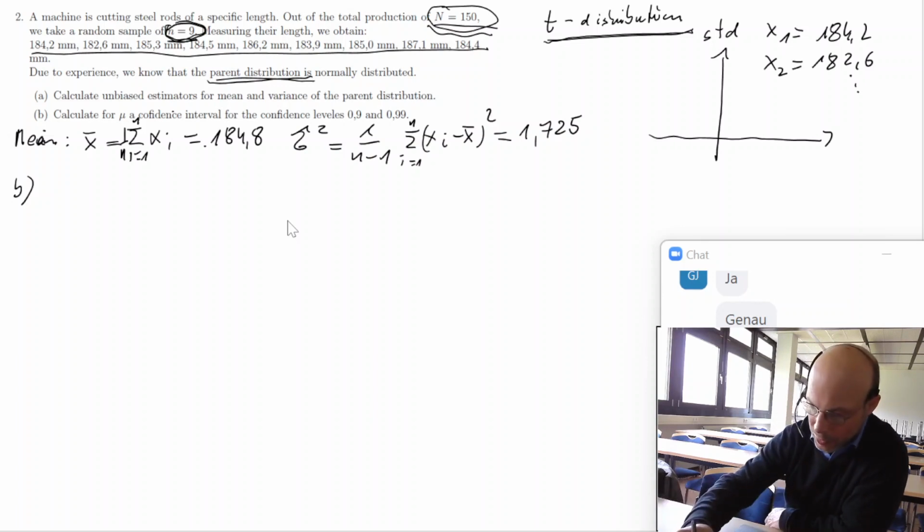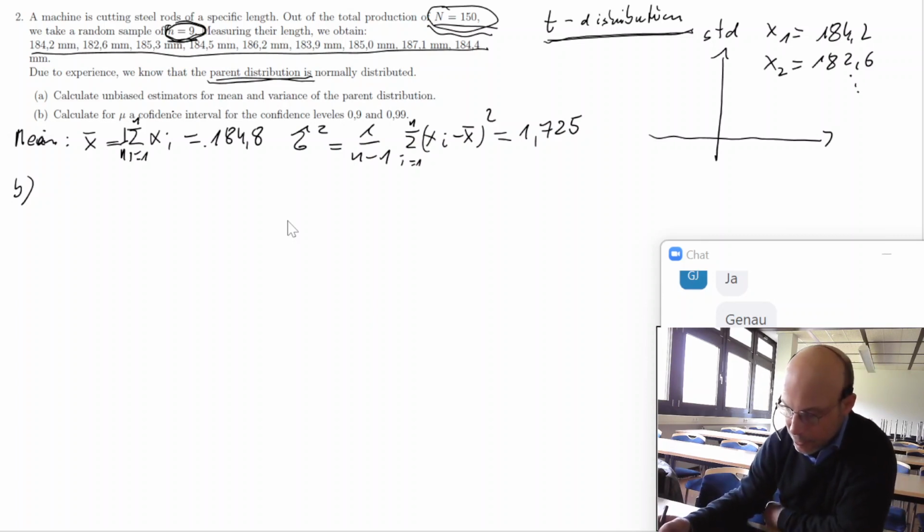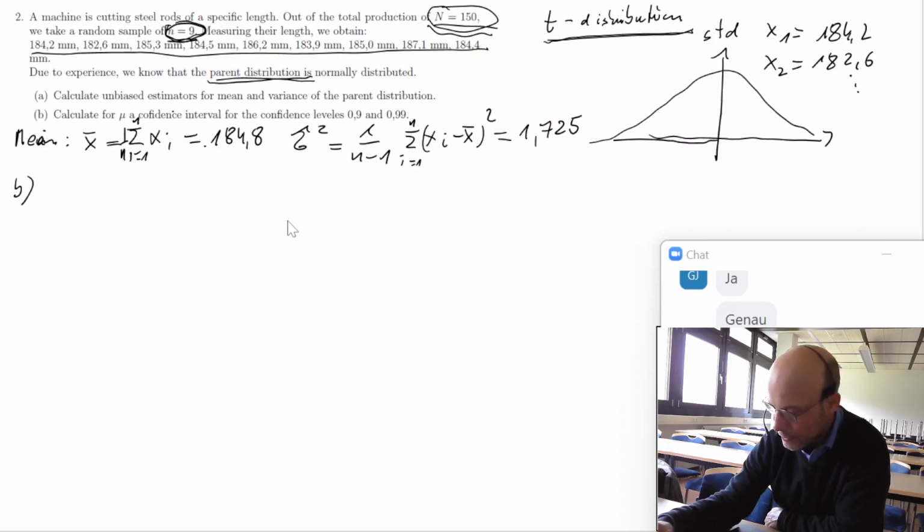But now we want to calculate our confidence interval, confidence level 0.9 and confidence level 0.99. So what we need is the standard normal distribution.